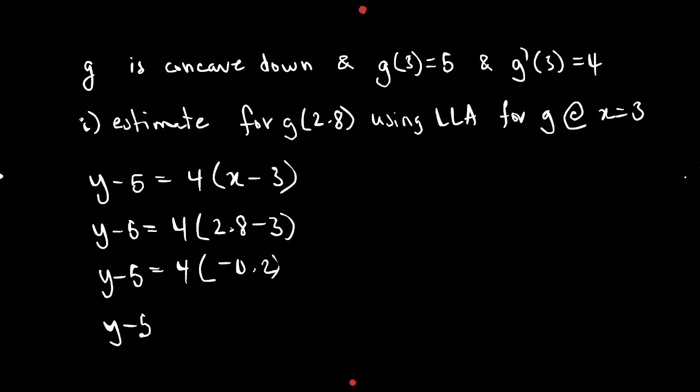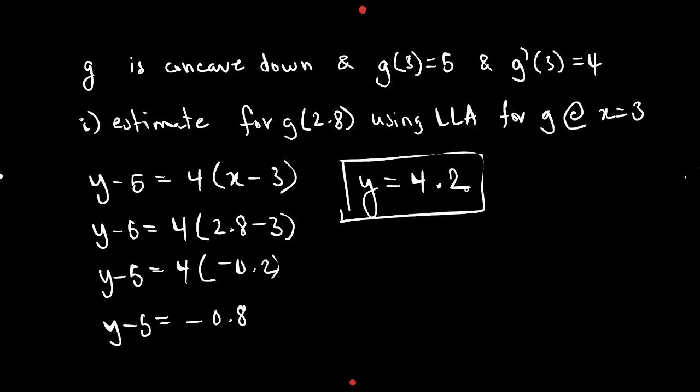Y minus 5 is equal to negative 0.8. We add 5 to both sides, so we get a y value of 4.2. So we're approximating our value for g of 2.8 to be 4.2.